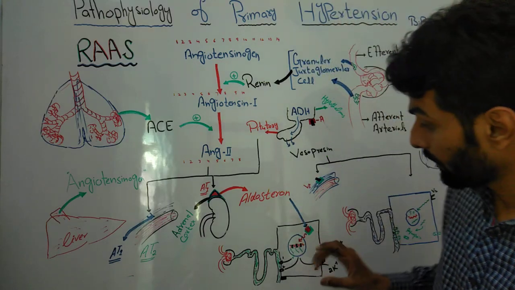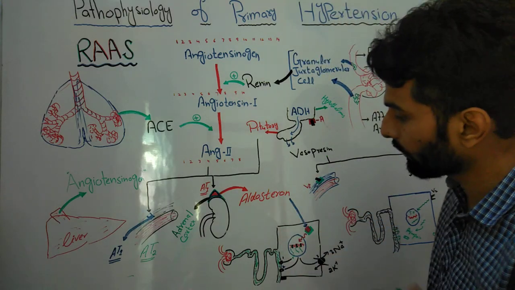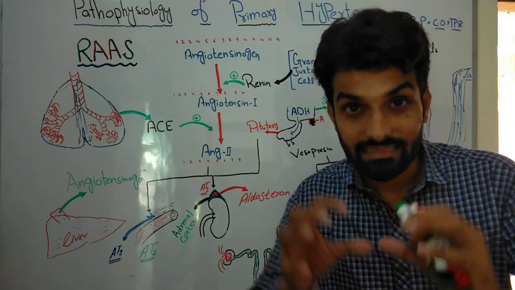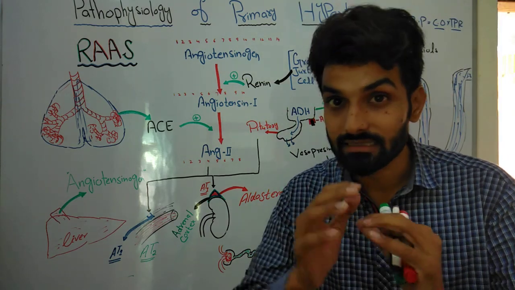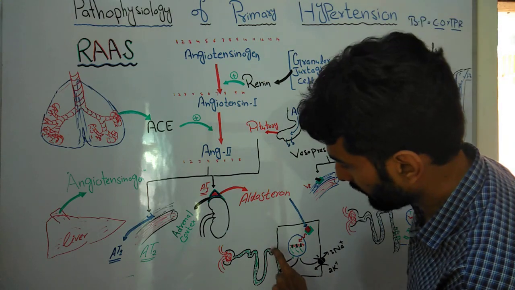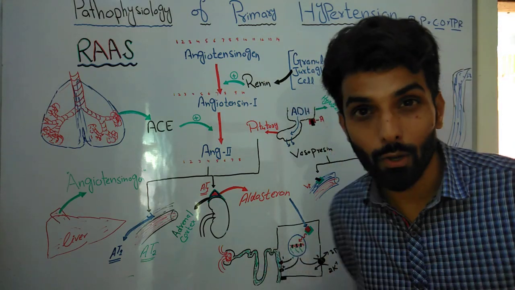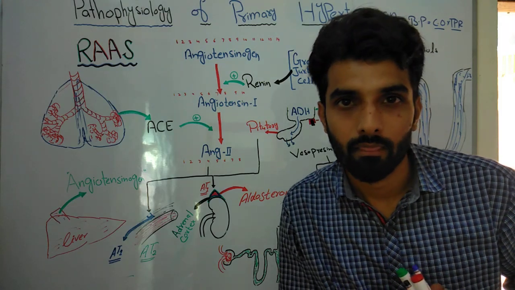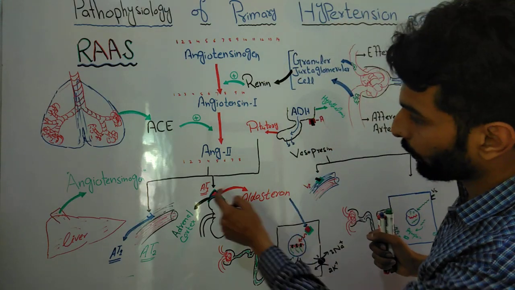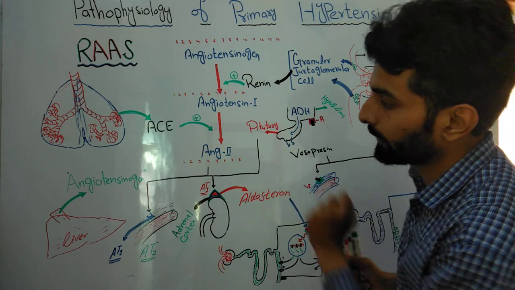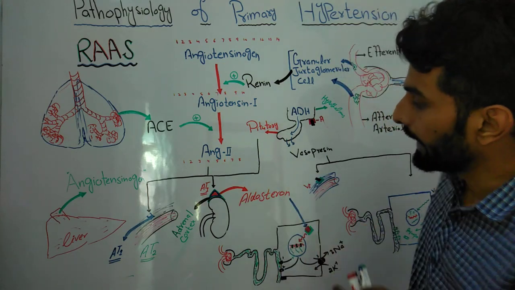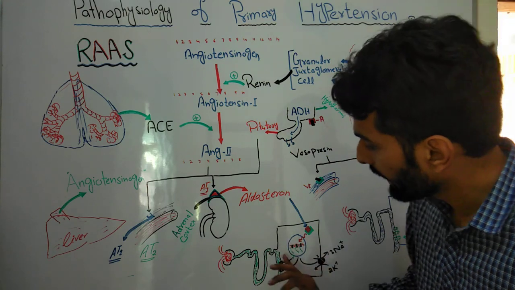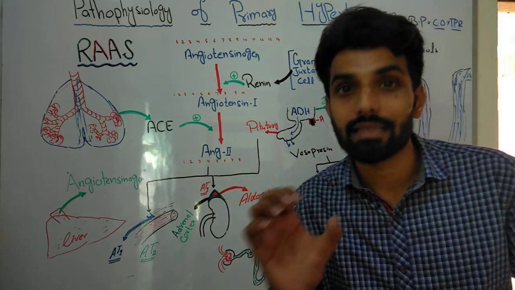Now, on which cells is it acting, let me tell you. Aldosterone will act on the cells of the distal convoluted tubules and collecting duct of the nephron. So aldosterone will be released in response to angiotensin 2, and it will go to the distal convoluted tubule and collecting duct cells.